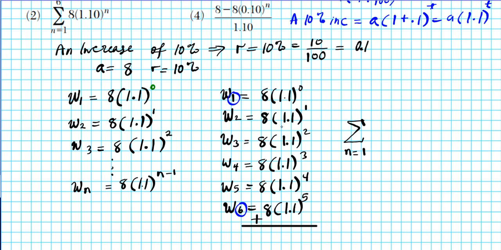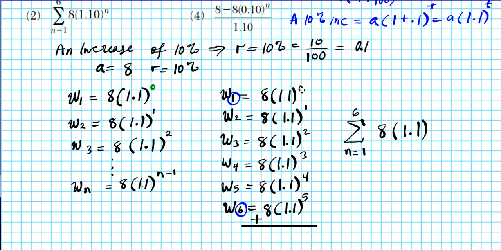We are adding 6 discrete terms. So n is what we're going to be using to index our operations. That's where you stop. And then we have 8, which is unchanged. And then we have 1 plus the growth rate, which is 10%, so that comes out to 1.1. Now, for each iteration, do you notice what changes? The power.